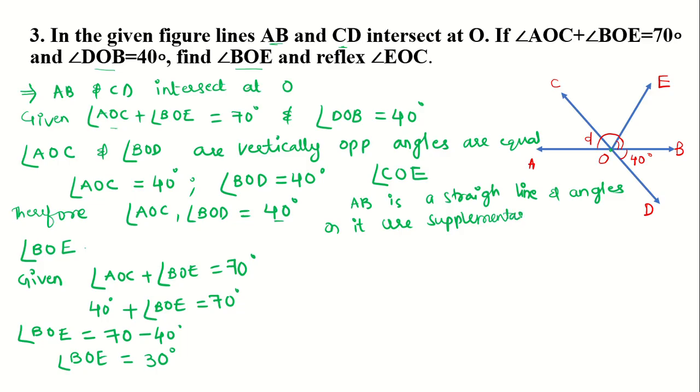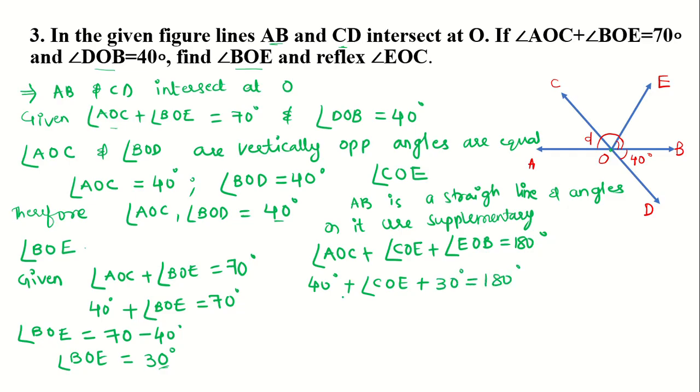So on the line AB we have angle AOC plus angle COE plus angle EOB, which is equal to 180 degrees. Now angle AOC we have as 40 degrees, plus we need to find angle COE, right? Plus angle BOE we got as 30 degrees. Substitute it: 40 plus angle COE plus 30 degrees equals 180 degrees.